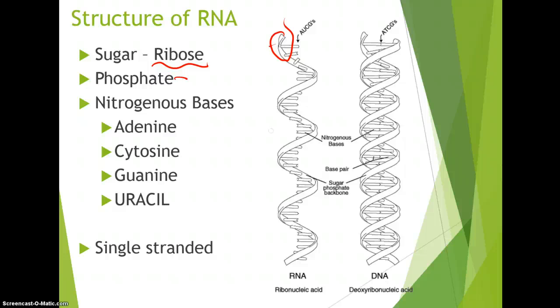RNA has 4 nitrogen bases like DNA: adenine, cytosine, and guanine. But instead of thymine, RNA has uracil, whose symbol is a U. So in RNA, you'll see A's, C's, G's, and U's.